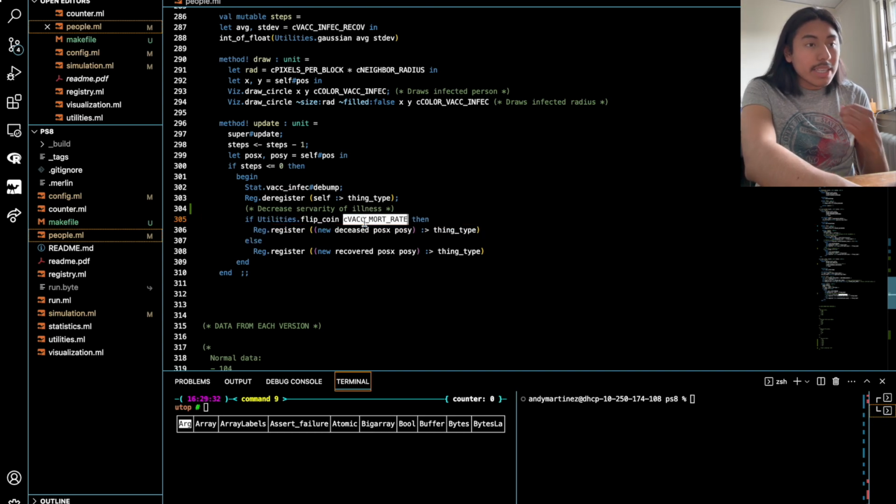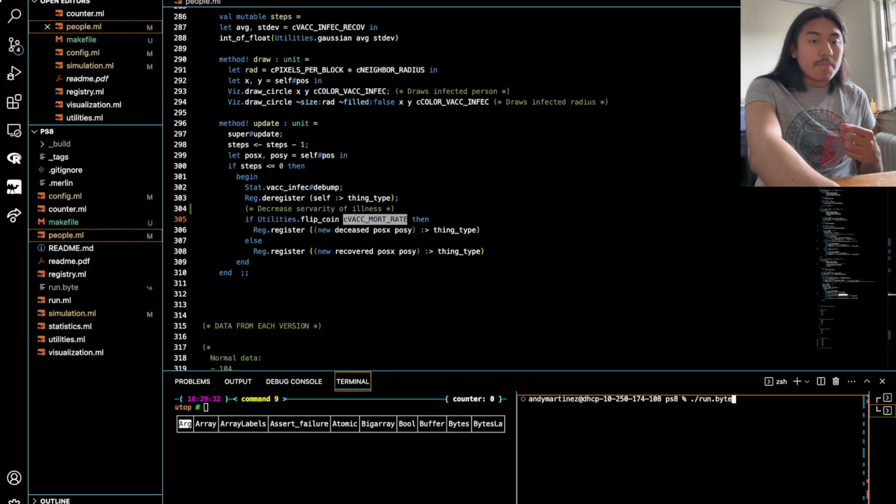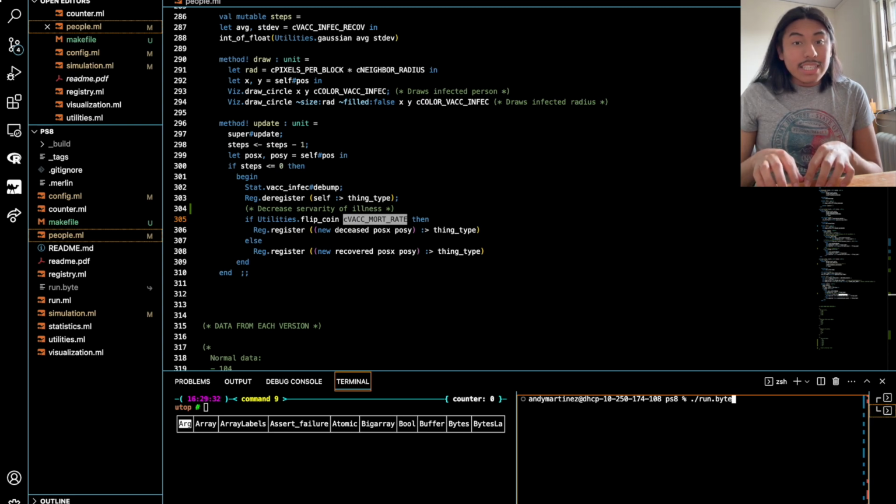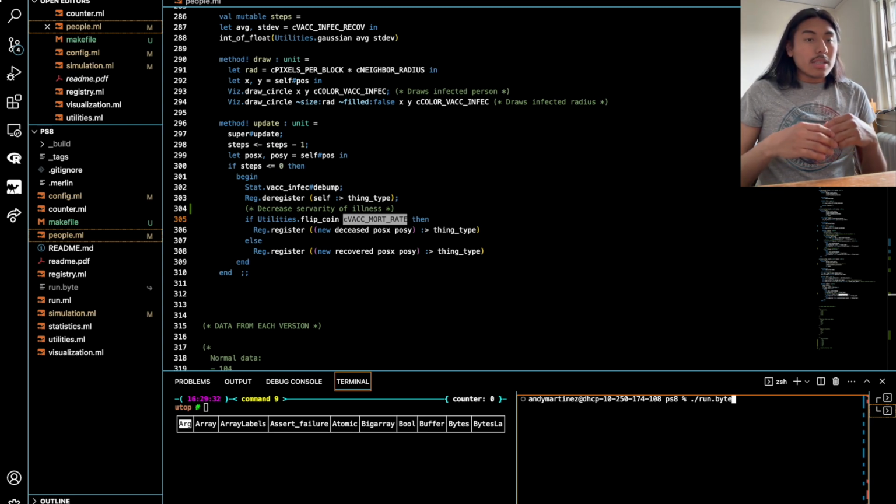And this line in particular, or this constant, it's a new constant that I've added, and it makes it so that it's half of what the normal mortality rate is. So you'll see that people that have been vaccinated and later contract the disease, they have a lower mortality rate.